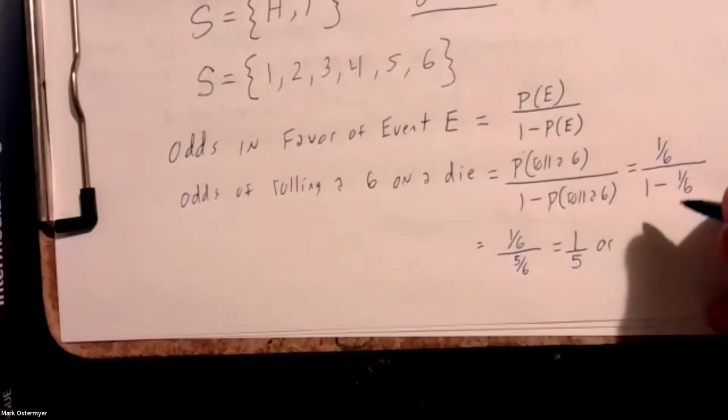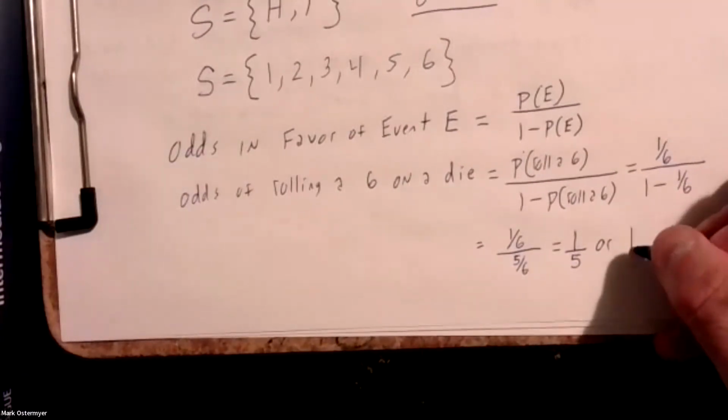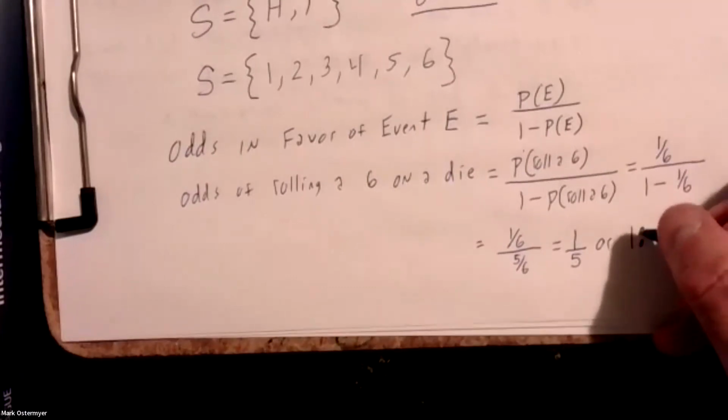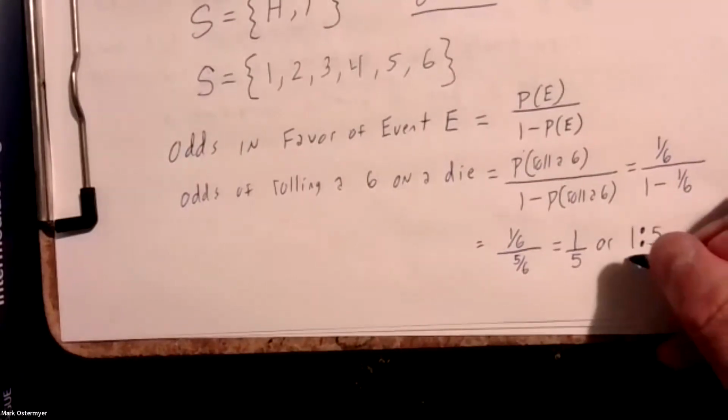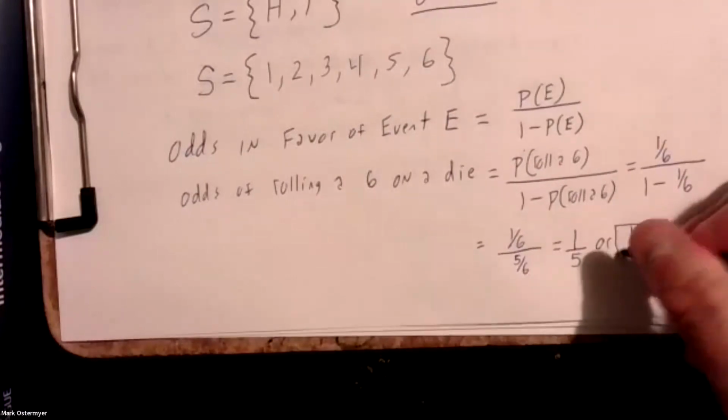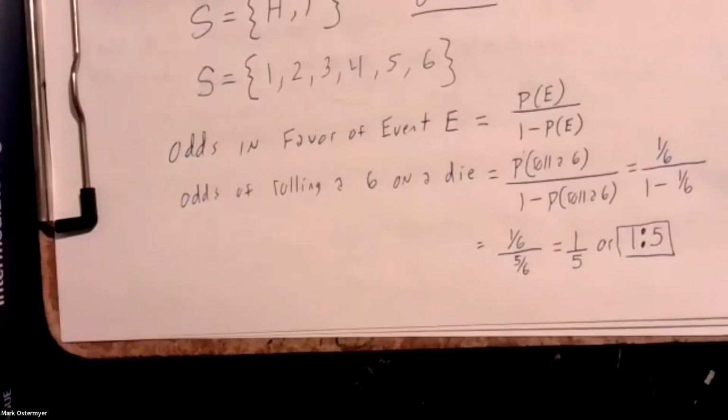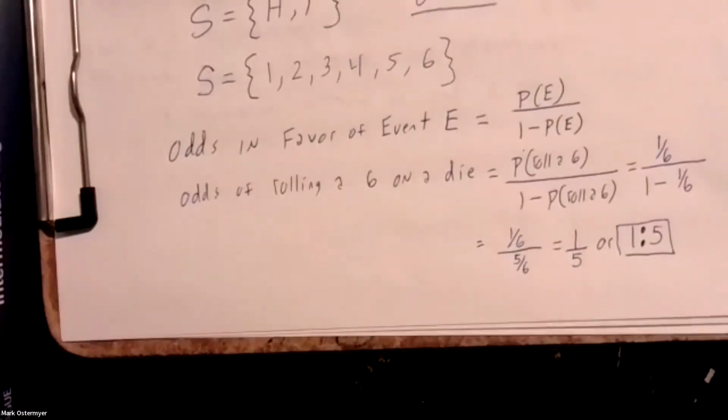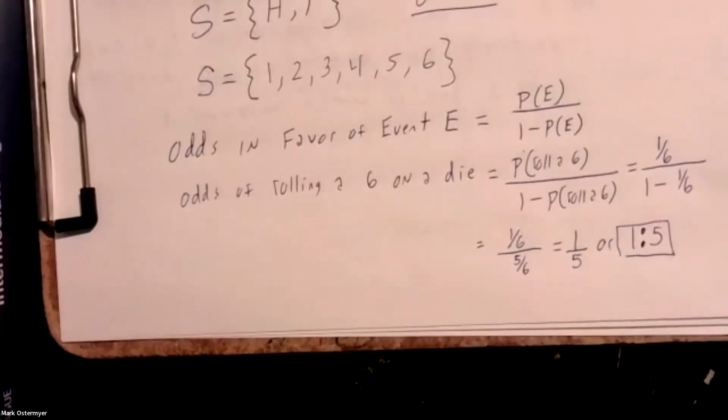Or we see more commonly the odds of rolling a 6 are going to be 1 to 5 odds. Normally we would express odds this way. The odds of rolling a 6 would be 1 to 5.